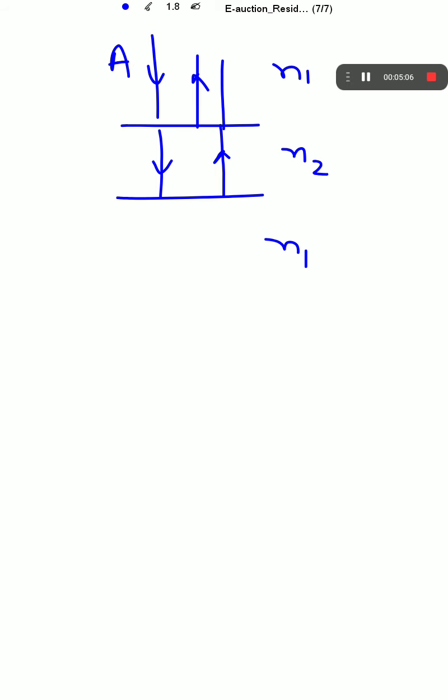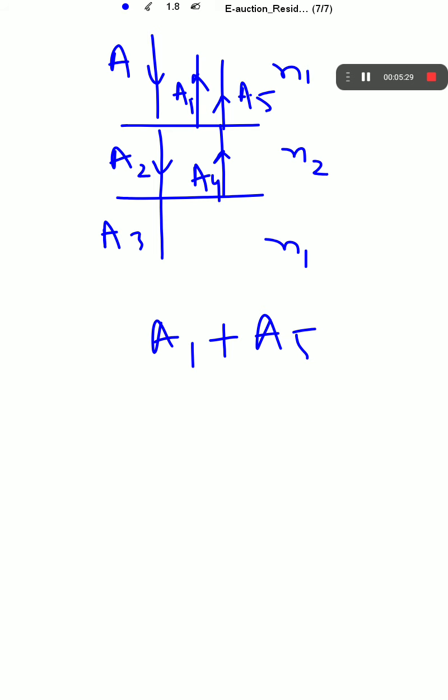If this is A, this is A2, this is A1, this is A3, this is A4, and this is A5. You can see that when A1 and A5 superpose, they will result in an interference pattern. It can be a maxima, it can be a minima, depending upon the path difference or the phase difference conditions.